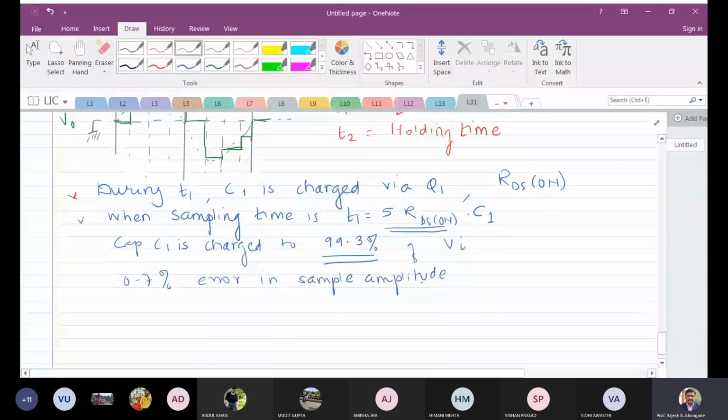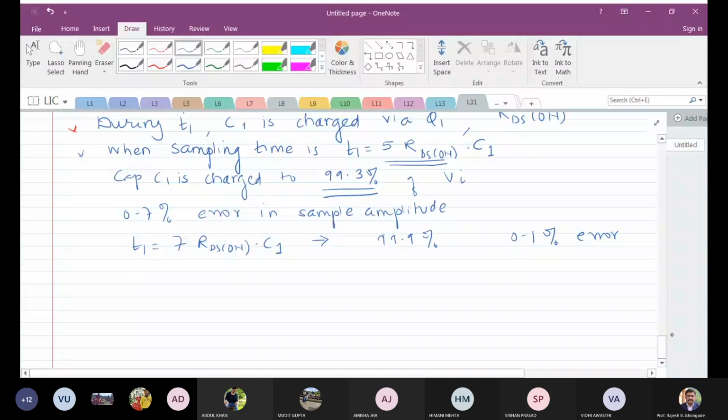Now, if I increase the sampling time T1 to 7 times RDS on into C1, the capacitor is charged to 99.9%. So we have an error of only 0.1%. So I have to wait. This T1 has to be more. Now, if T1 is more, what will happen to the speed of sampling?